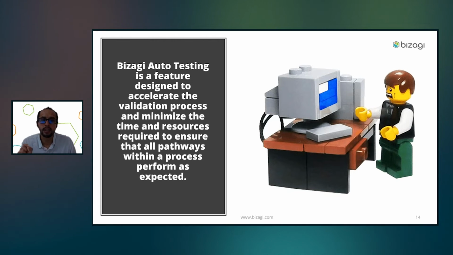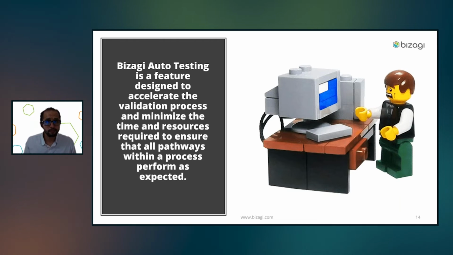And minimize the time and resources required to ensure that every single part within your process is performing as expected. So if I have, let's say, a vacation leave request process, or a loan origination, and I have a process that has multiple paths, I want to be completely sure that it is doing what is expected.